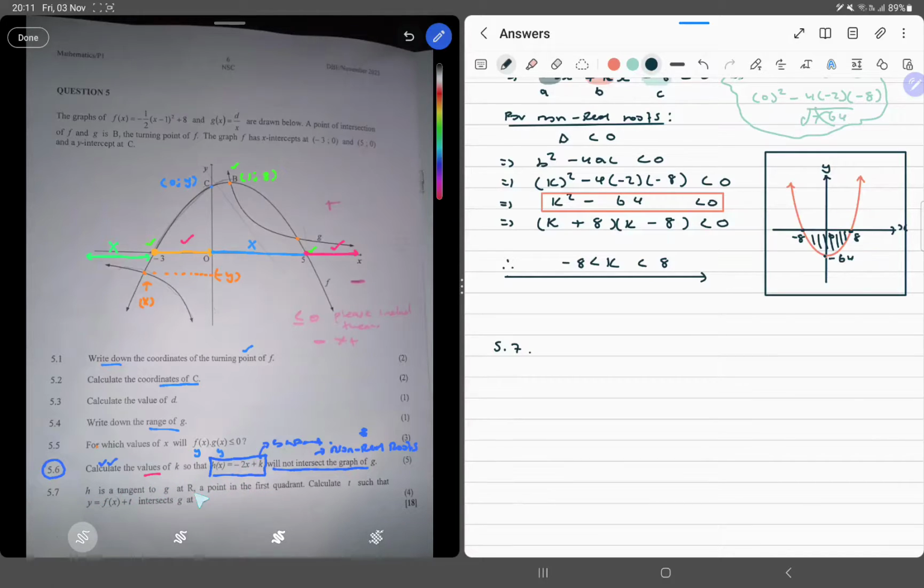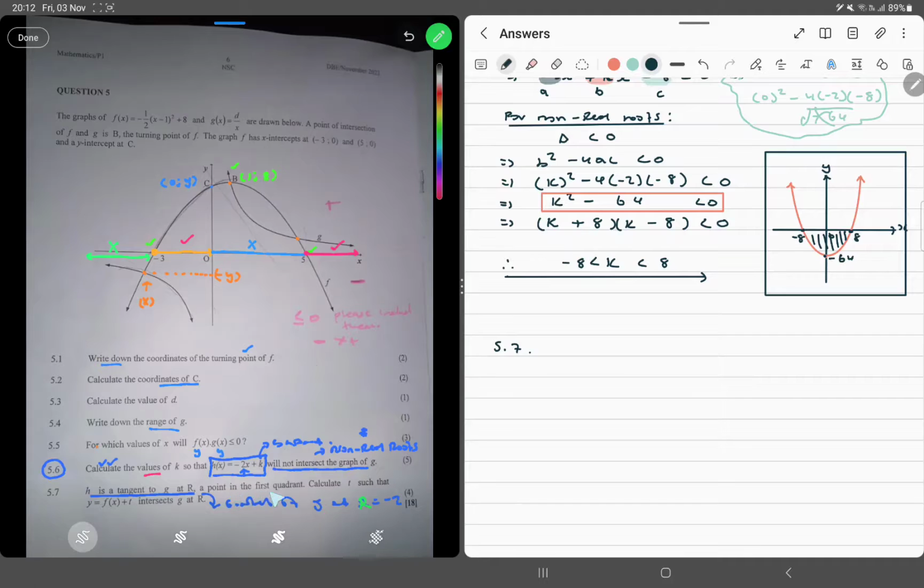So if h is a tangent to g, now for h to be a tangent to g at point r, it means the gradient of g at r is equal to minus 2, because that is the only thing we can learn from that expression. It is that gradient of minus 2. That is what we can learn.